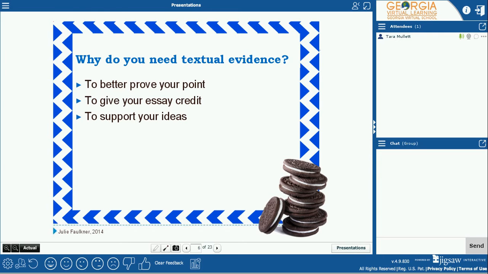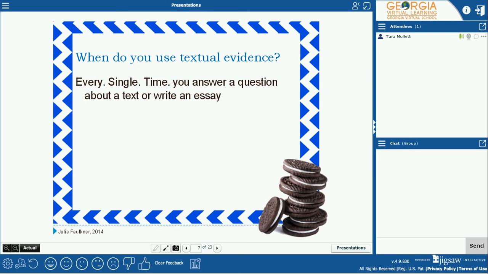In order to give your essay credit, you don't want to have all indirect quotes. You do want to have some direct quotes, where you're directly quoting the author and the text. And you want to support your ideas with textual evidence. You need to use textual evidence every single time you answer a question about a text or write an essay.